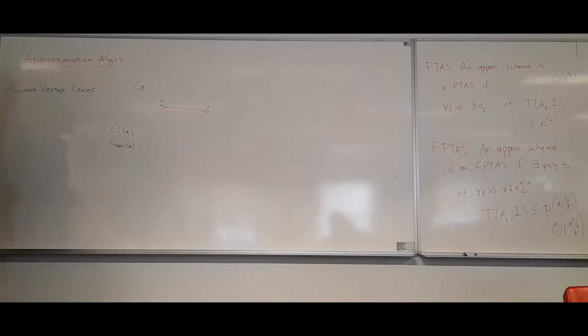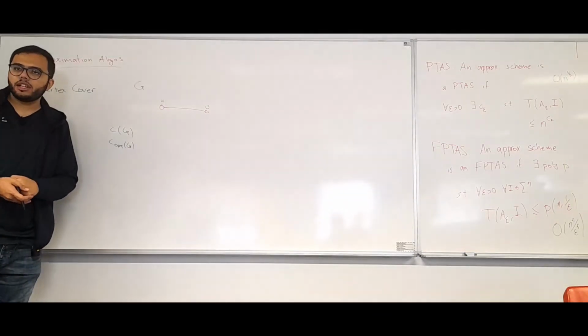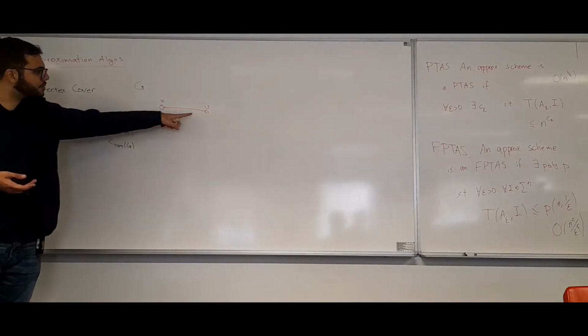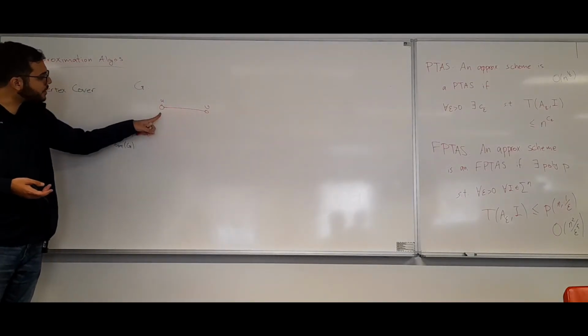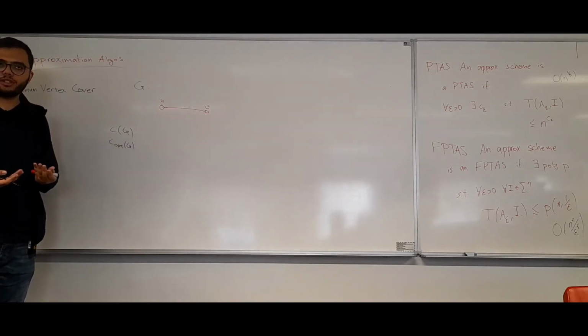So if I take a graph G and I take an arbitrary edge, what do I know about the optimal solution? At least one of the 2 endpoints of this edge has to be in my optimal solution.